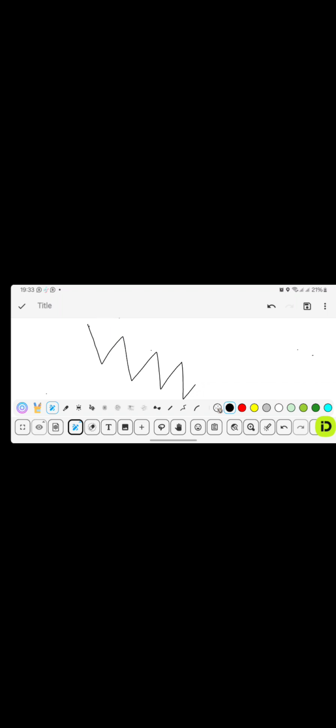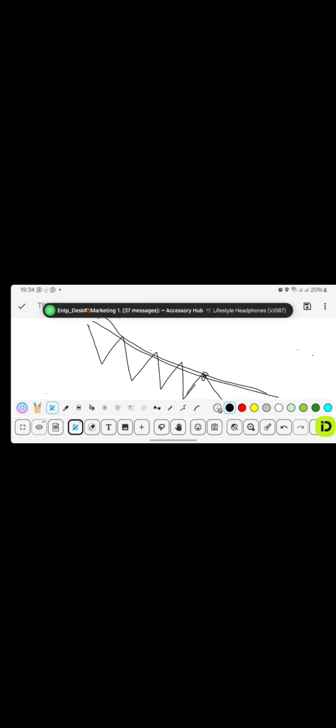So this here is our trend line. We're going to wait for the market to come up and touch the trend line, and then we sell there, and then the market goes down, and we make our profits. So in the next video, I'm going to be explaining this on the charts and not on the drawing chart.